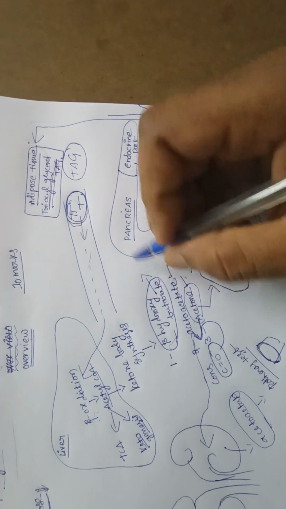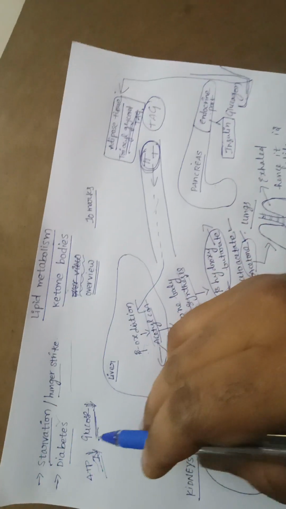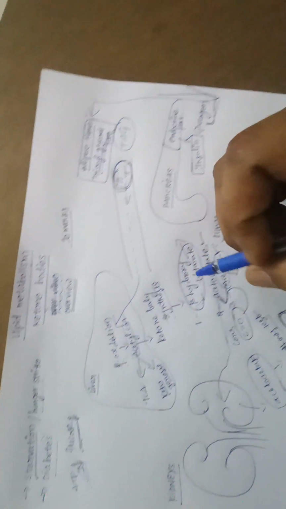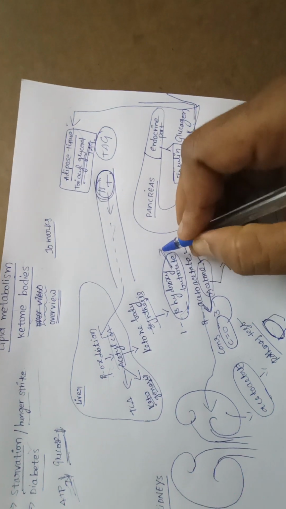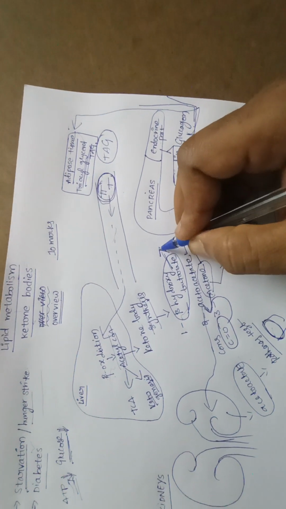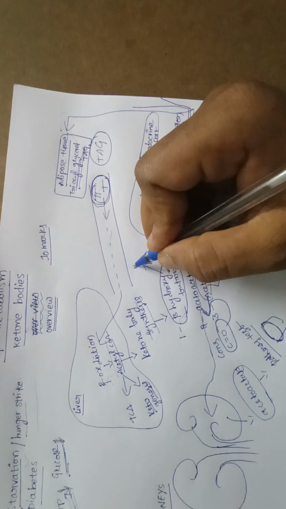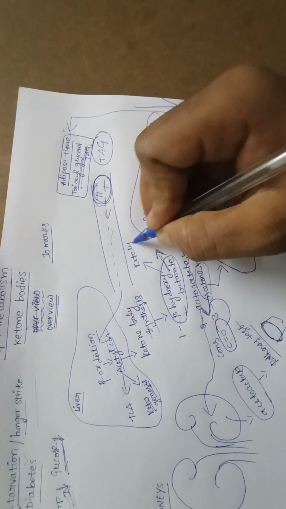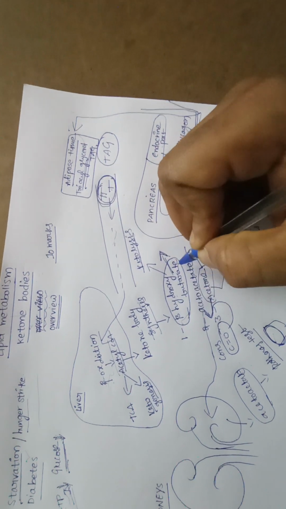The ultimate aim of ketone body synthesis and beta oxidation during starvation is getting energy from the fats. So the remaining ketone body, beta hydroxybutyrate, will undergo ketolysis, which means degradation of beta hydroxybutyrate.